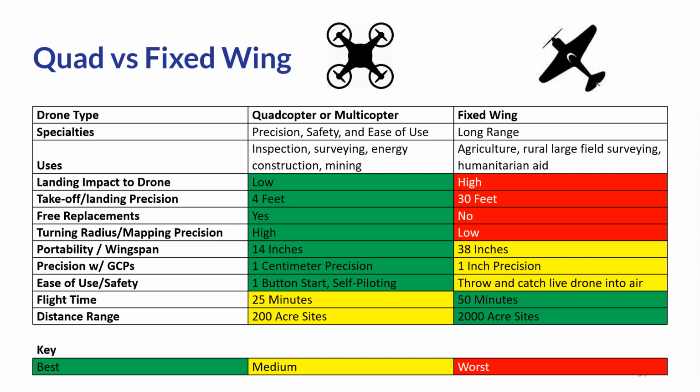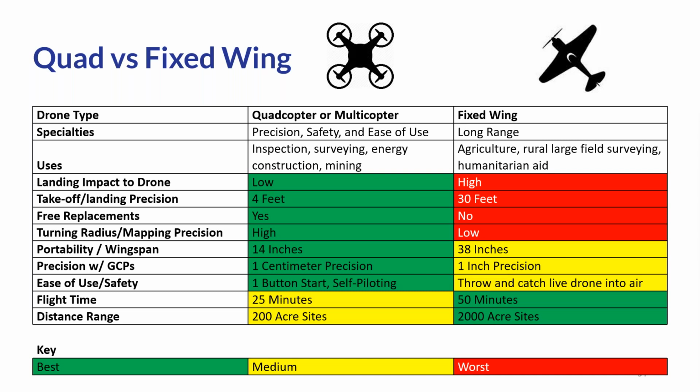If you are, let's say, doing a 2,000-acre site or a 100-mile pipeline and you want to get the whole thing at once, a fixed wing is definitely going to be the right way to go. It won't make sense to do a quadcopter because it just won't have the energy to do it. If you're trying to do something a little smaller, maybe 100 or 200 or 1,000 acres, you're better off with a quadcopter for that controlled landing.